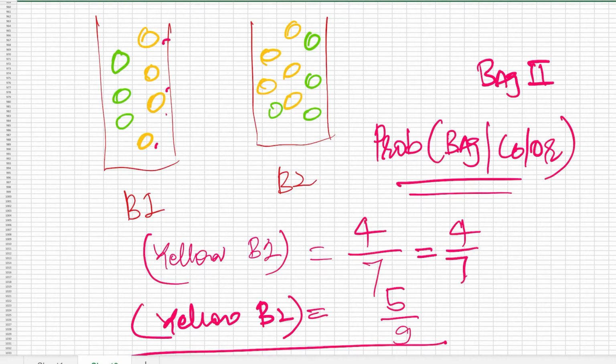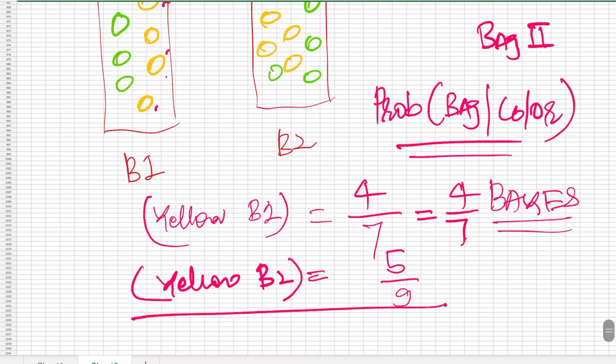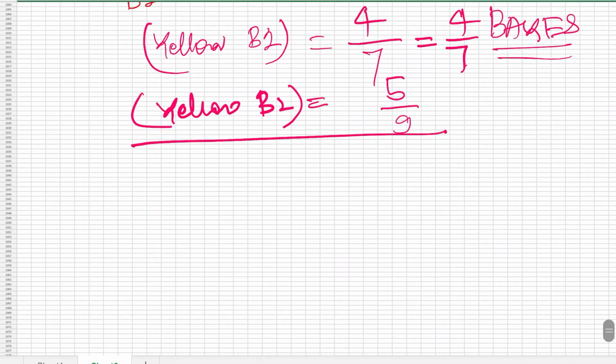We need to find the probability of the bag when the color of the ball is given. We cannot find it simply; we must have something else, and Bayes theorem is the thing. Bayes theorem helps us find the probability of the bag when the color of the ball is given. So in the next couple of minutes in this video, we will try to understand Bayes theorem.